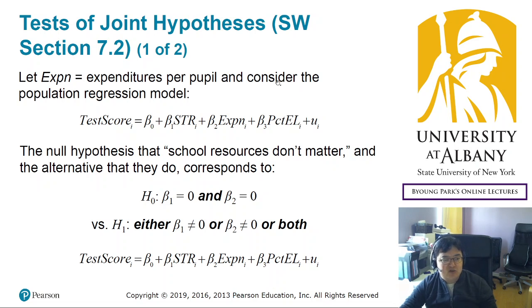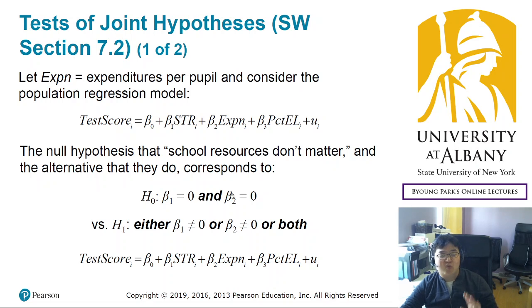So these 2 variables are of our interest, and the third one, percentage of English learners, is still a control. It is important to be here, but we are not going to interpret beta 3. Beta 3 is not of our interest. It does not draw our attention at all.